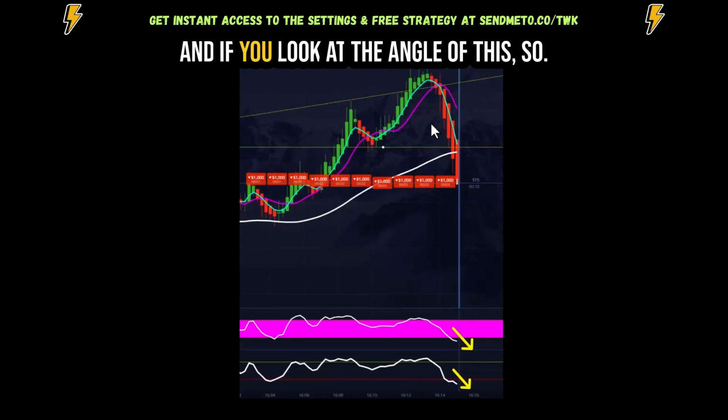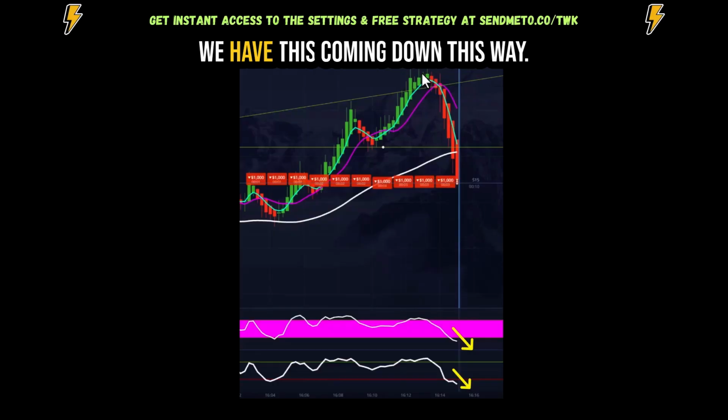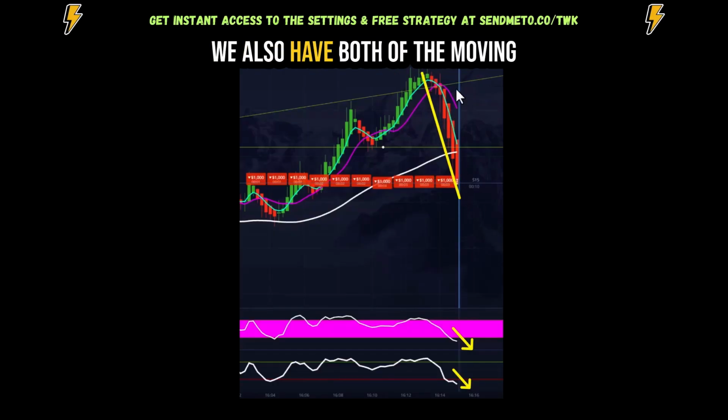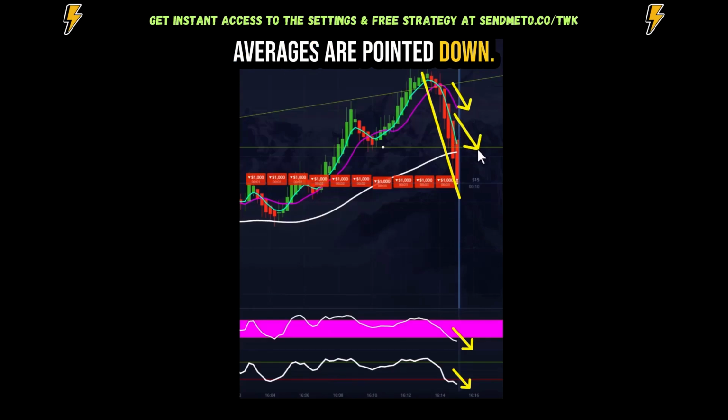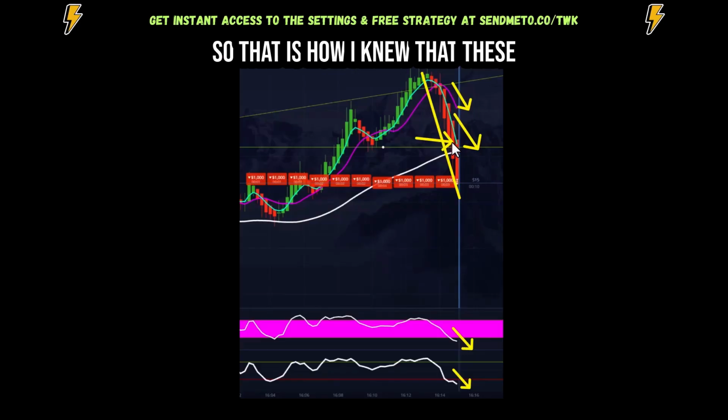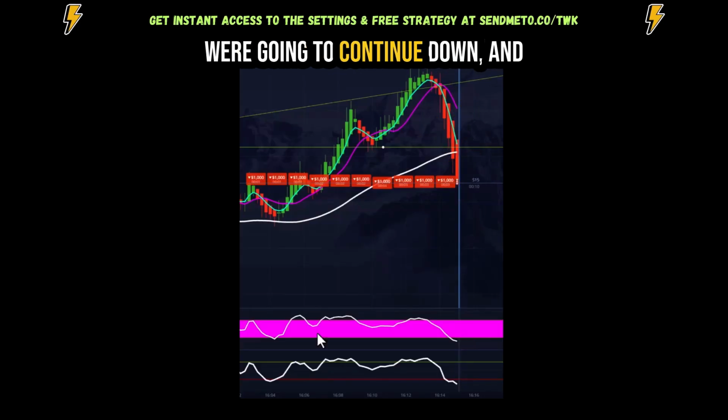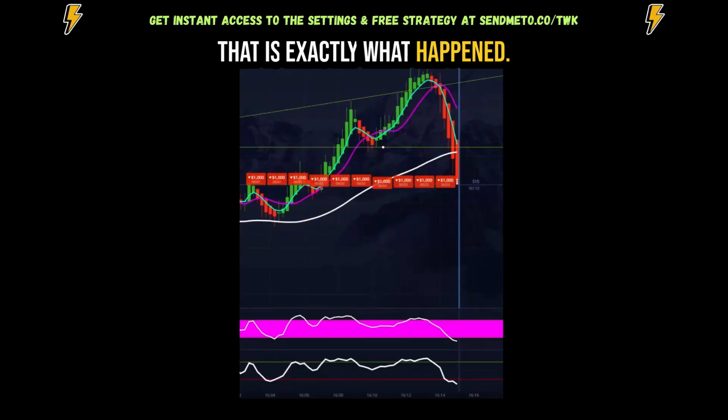And if you look at the angle of this, we have this coming down this way. We also have both of the moving averages pointed down, and not only that, check out this moving average right here. It's literally inside of the candle. So that is how I knew that these were going to continue down, and that is exactly what happened.